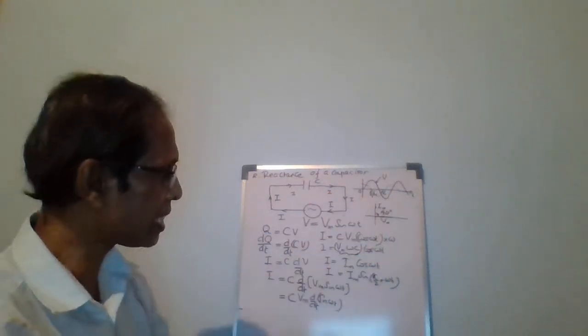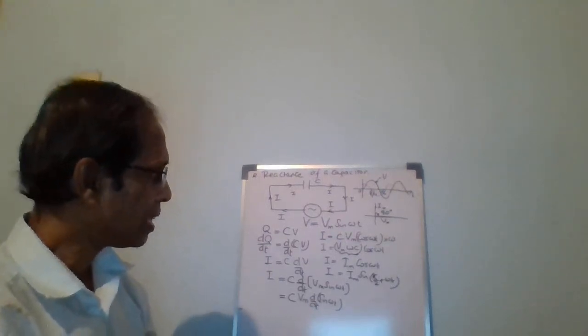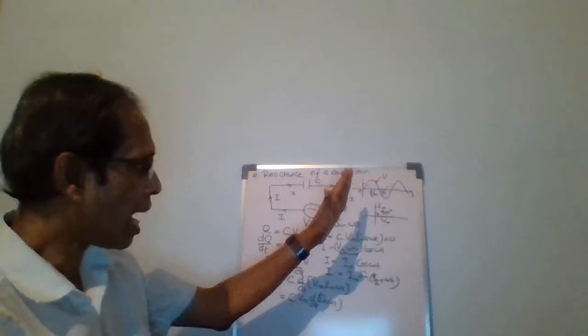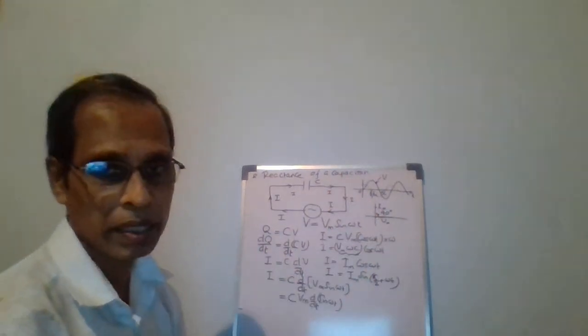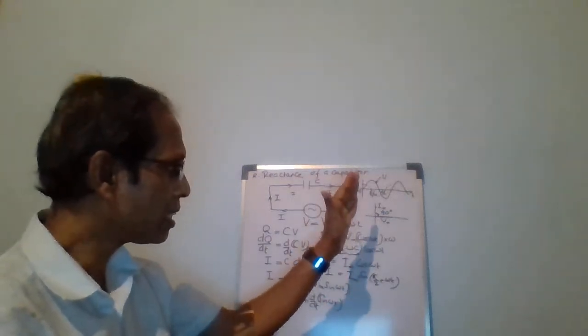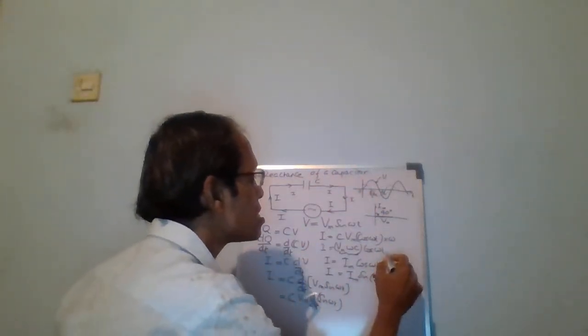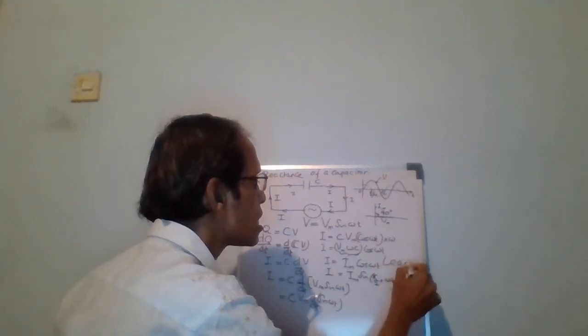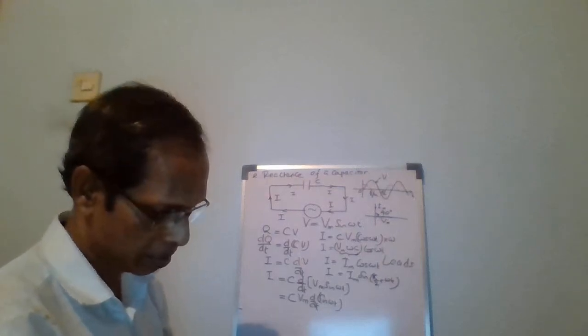Here phase angle is 90 degrees or pi divided by 2 radians. Here we say current I always leads the voltage V by 90 degrees.